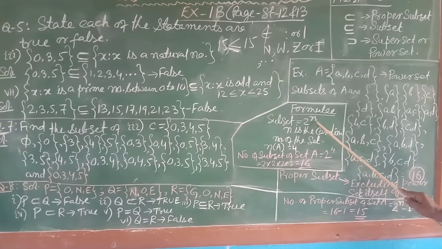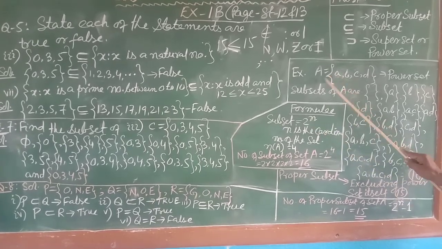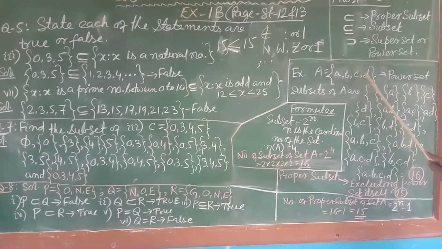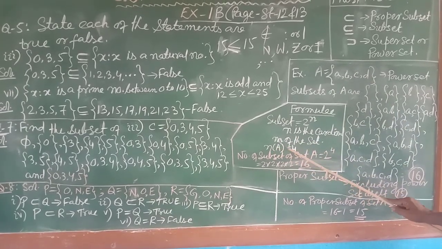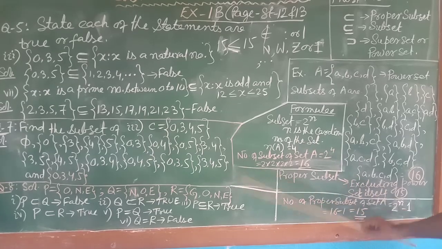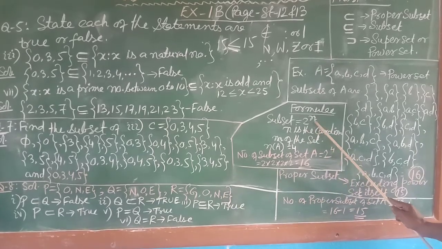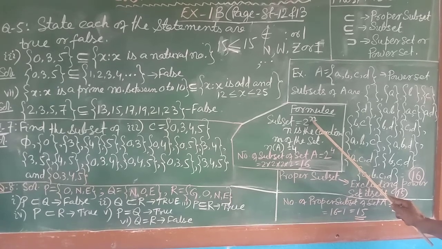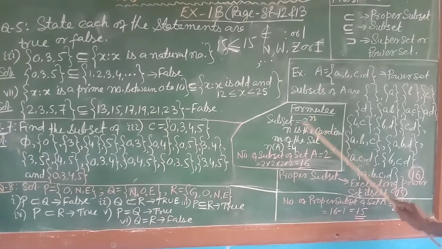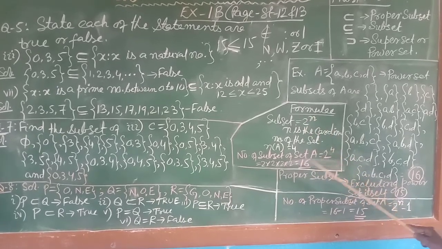N is the cardinal number. The cardinal number of set A will be what? 1, 2, 3 and 4. The cardinal number of set A is 4. So how many subsets can you create? Putting in this formula, 2 to the power 4, because the cardinal number of set A is 4 here. 2 to the power 4 means 2 will be multiplied.